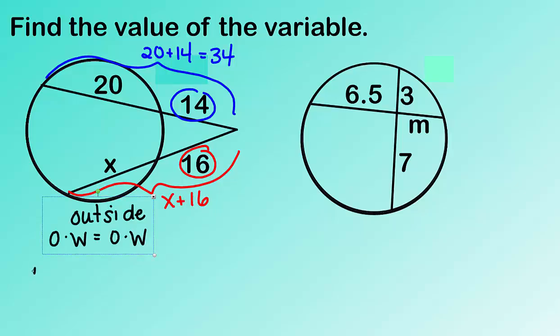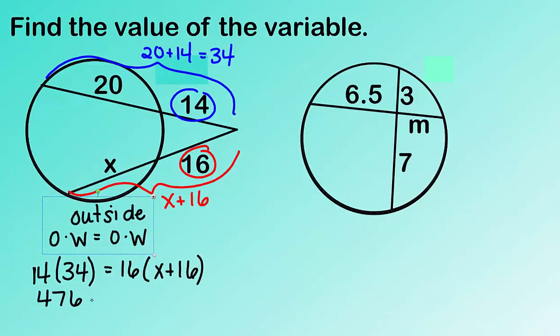So 14 times 34 is equal to 16 times x plus 16. We get 476 is equal to 16x plus 256.